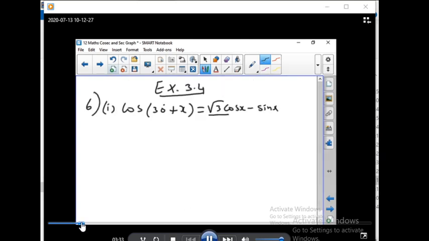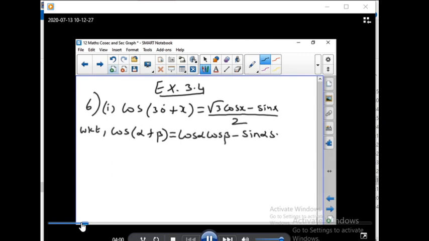First subdivision: cos(30 plus x) is equal to (root 3 cos x minus sin x) by 2. So we know that cos(alpha plus beta) is equal to cos alpha cos beta minus sin alpha sin beta.